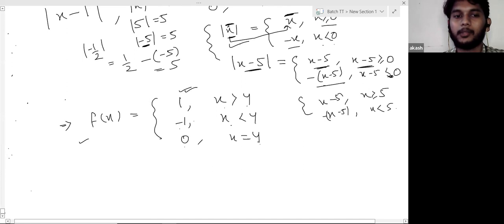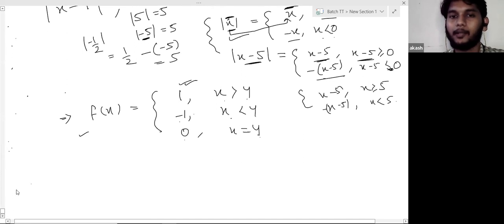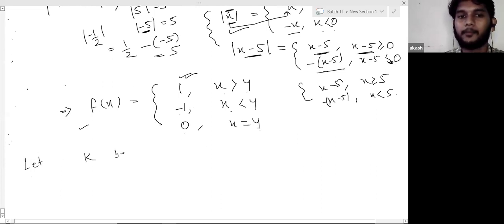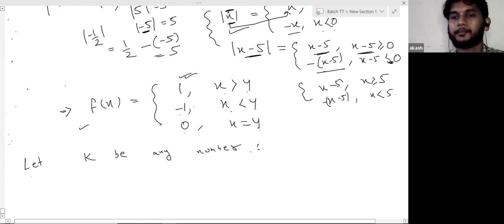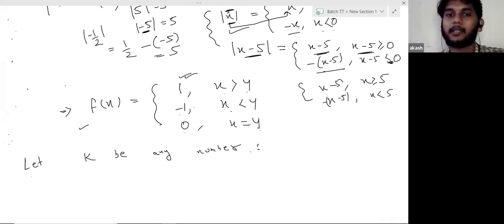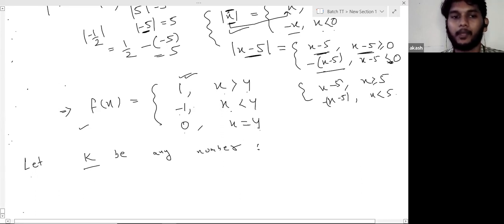Now coming to continuity. Till now we were simplifying the function. Let k be any number. I told you to prove this is continuous for all the numbers except 0, so we have to generalize the solution. We are not putting any specific number; we are saying k be any number.